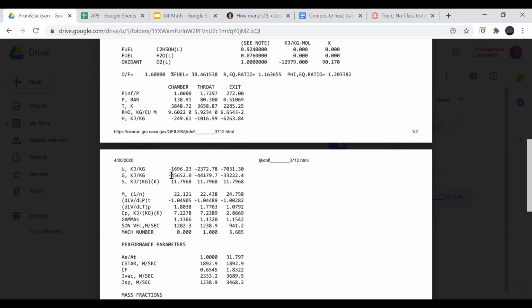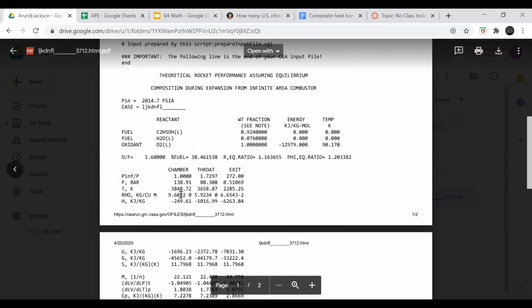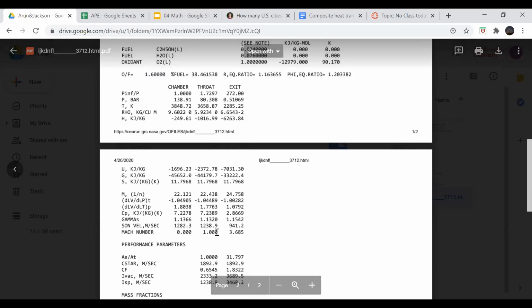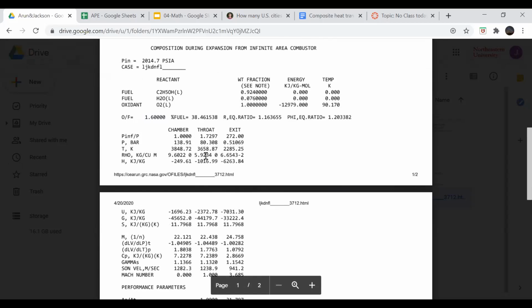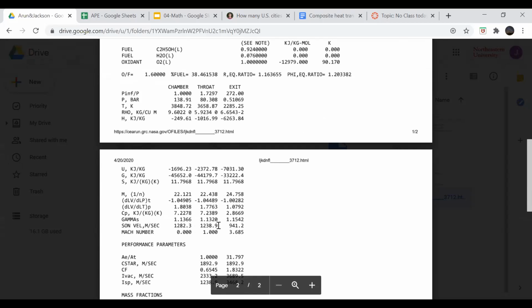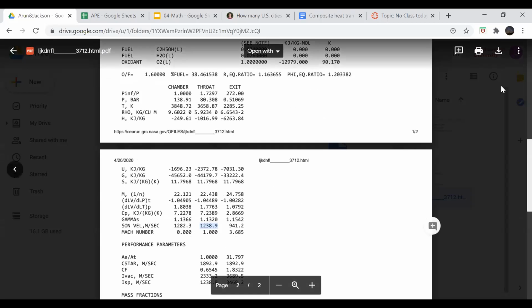Let's see. So where's Mach number? Yeah, Mach number at the throat, this middle column, is 1. We have the sonic velocity here. So we have m dot equals rho a v.